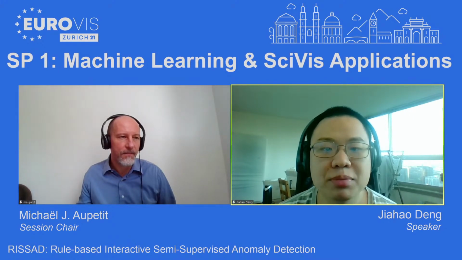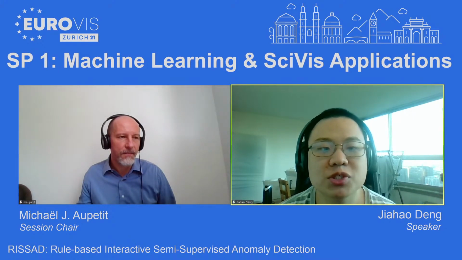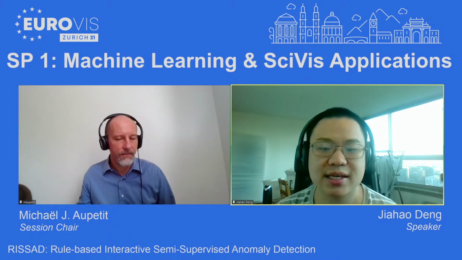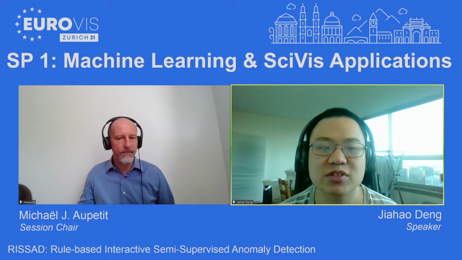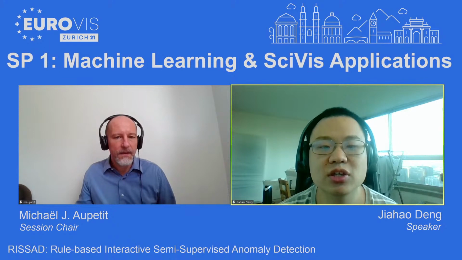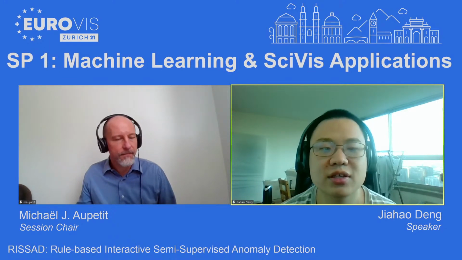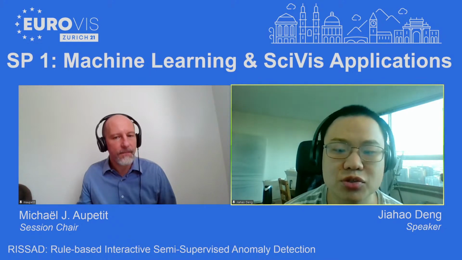However, we believe user interaction and user input is a very valuable reference for generating anomalies, because anomalies are very specific to each data set. So we want to have some human input in that. In terms of automatic generation, that's something we're quite interested in, and we're hoping to expand our research to that in the future.